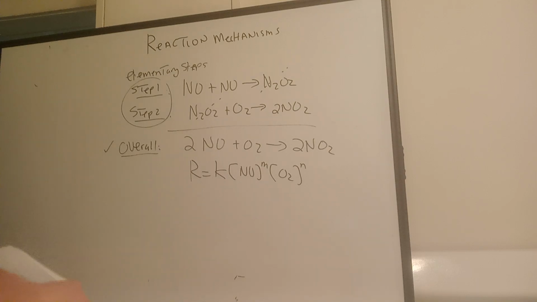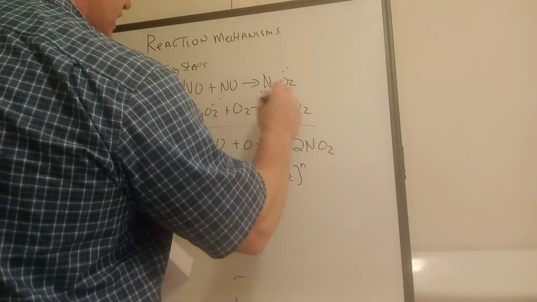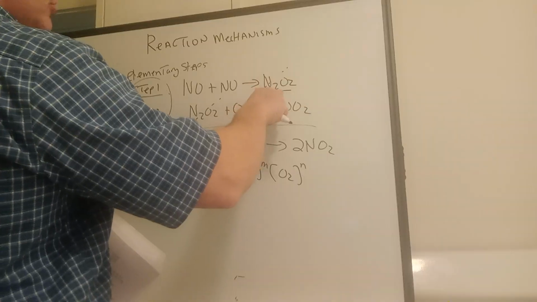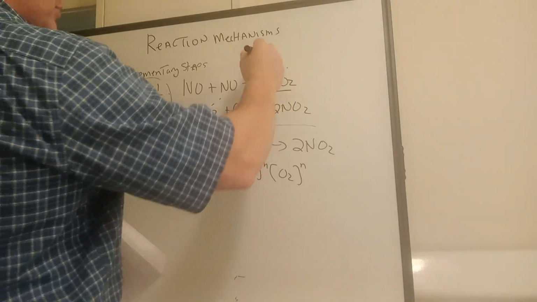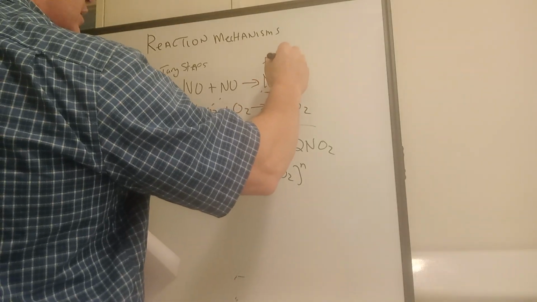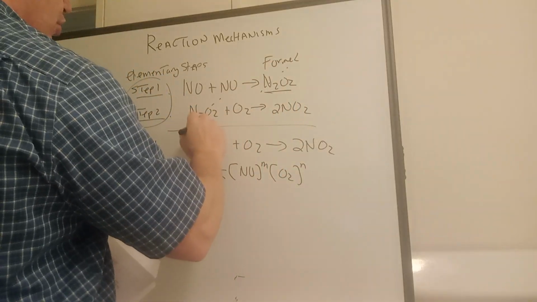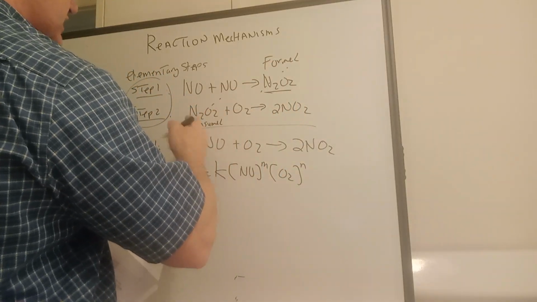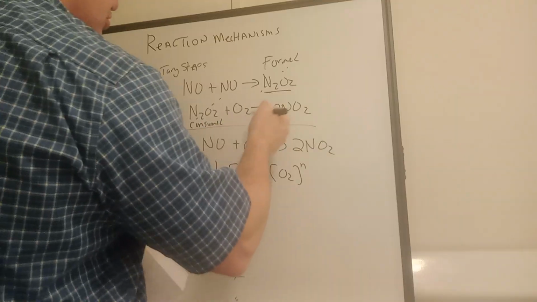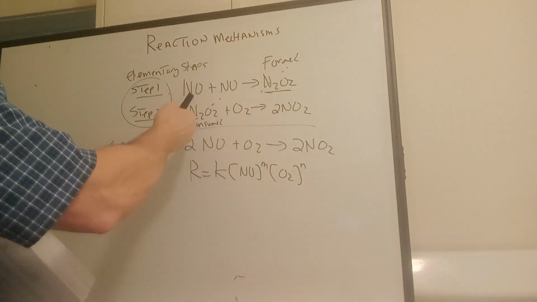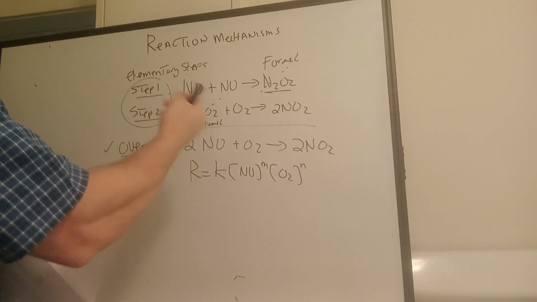And so one thing in terms of our terminology of mechanism, see how the N2O2 is formed in one step, it's formed over here, but then it's consumed or reacts in the next step and is gone. It's kind of formed and then in the next step it's consumed or reacted.